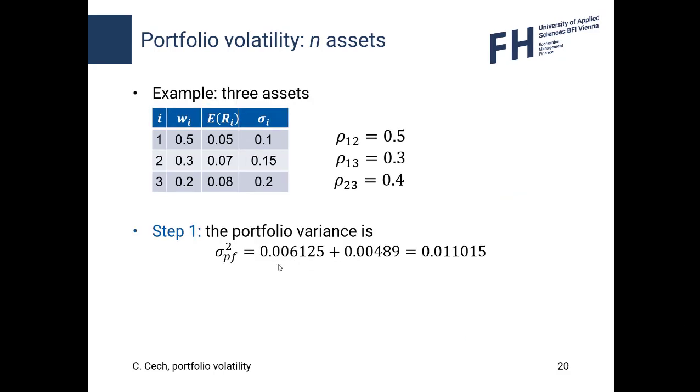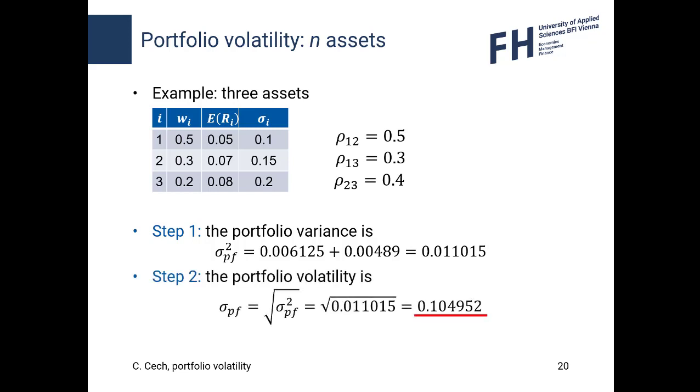If we add the results from step 1a and step 1b, we have the portfolio variance. And then step 2 is easy. We simply take the square root of the portfolio variance, and this is then the portfolio volatility, which is roughly 10.5%.